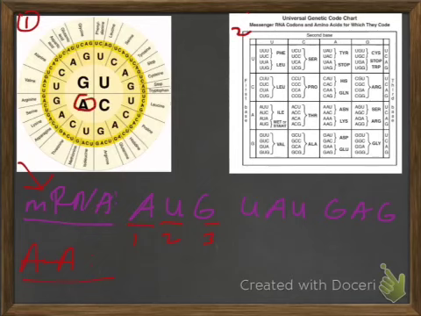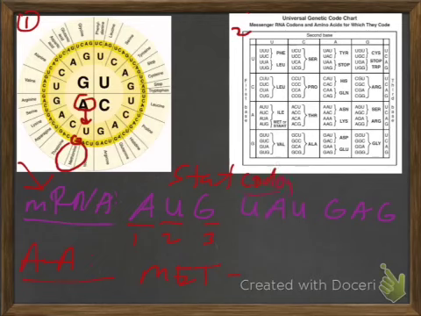Then we go on to U, which is right here. And then the third one is G, which is right here. We notice that we get the amino acid methionine, which I'll abbreviate MET. This also happens to be the first amino acid in every single protein, because AUG is what we call a start codon. It basically starts what goes on here.